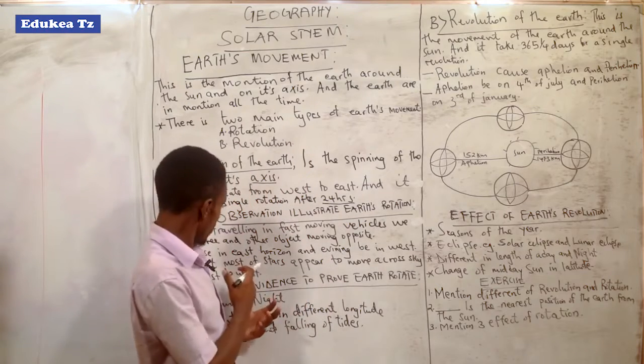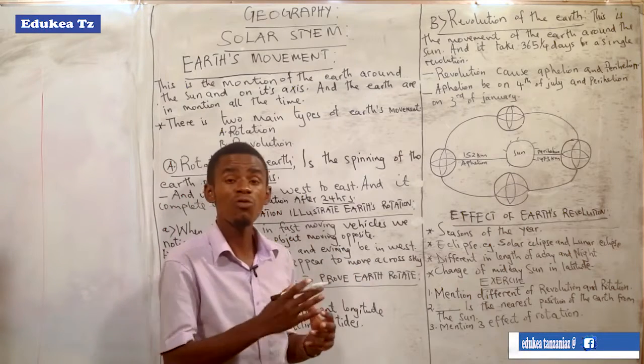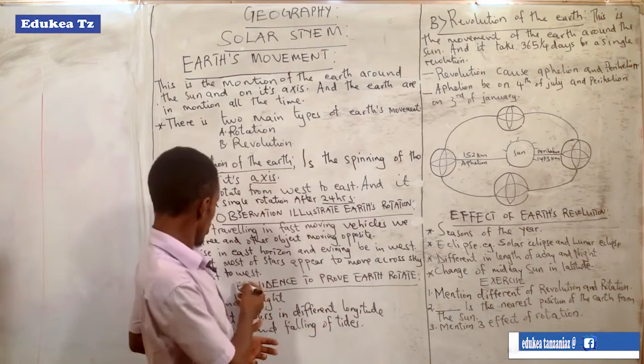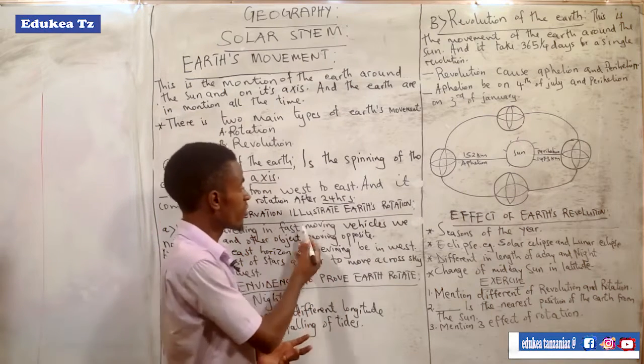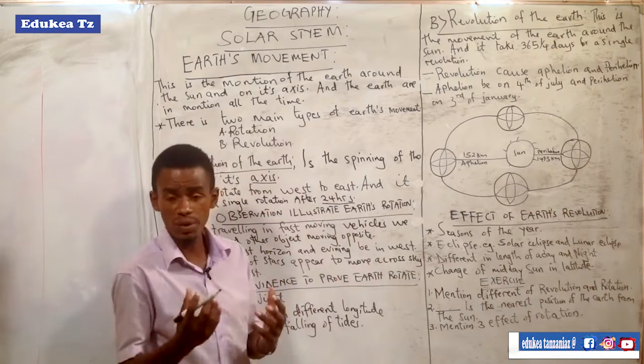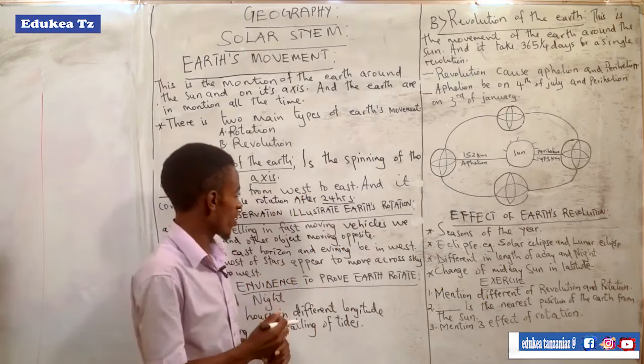You will see that the stars and other objects in the atmosphere are moving from east to west. So that is the observation to explain that the Earth is rotating.